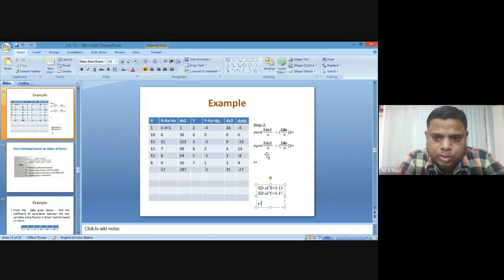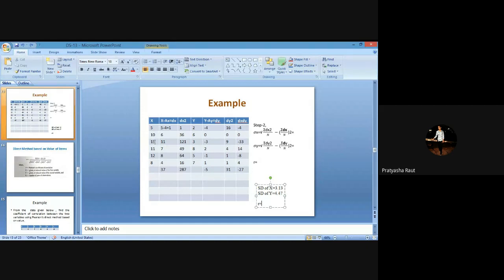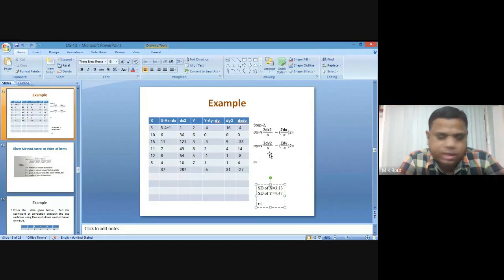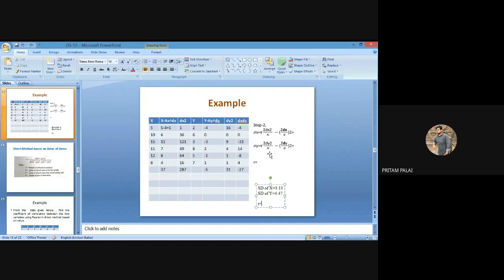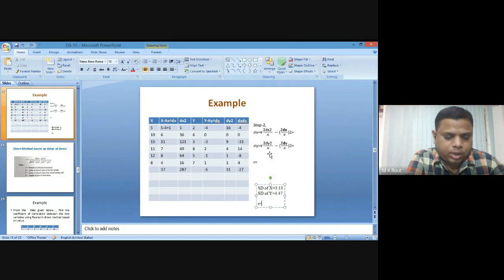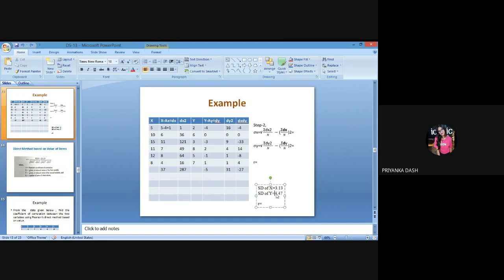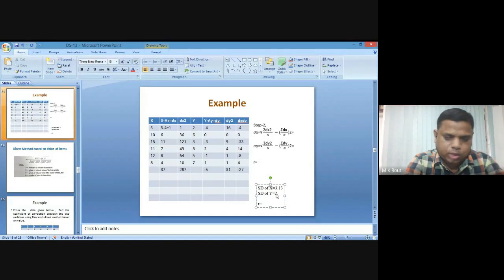Dy square value is 31 divided by 6, minus sum of d, that is minus 5 by 6, whole square. If you take the square root, what is the answer? 2.11. Then after we proceed to calculate the value.